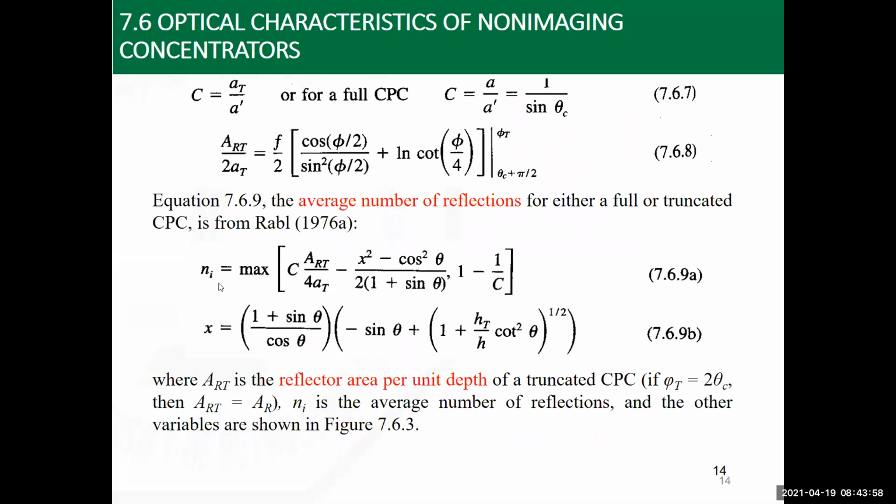Ni is the number of reflections that you can have in the system. It is given here as a function of x, and x is given as a function of the angle and the ratio of the truncated height to the full height of the CPC unit that we have.